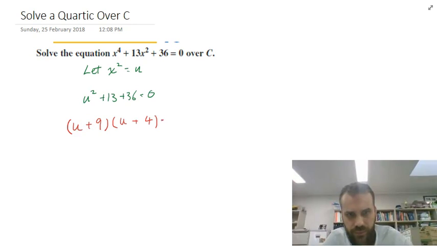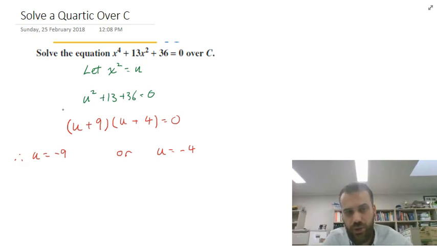So that says u plus 9 times u plus 4 equals 0. So then I can solve for u in both cases. Therefore, u equals negative 9, or u equals negative 4.